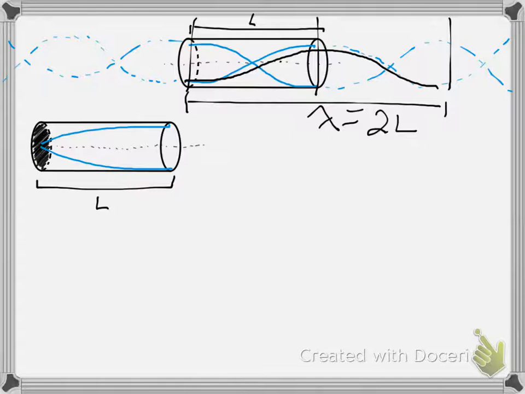Now, if we do the same trick with our closed-end cylinder, and I apologize, I'm going to erase that to give myself a little more room to work, and I'll write it back down later. So this time, that wavelength is a lot longer.